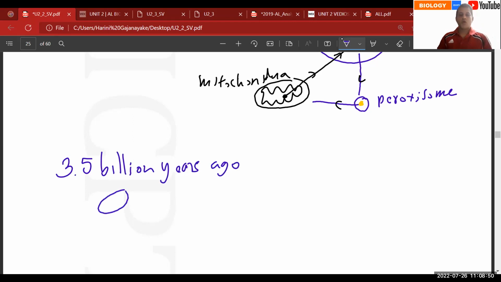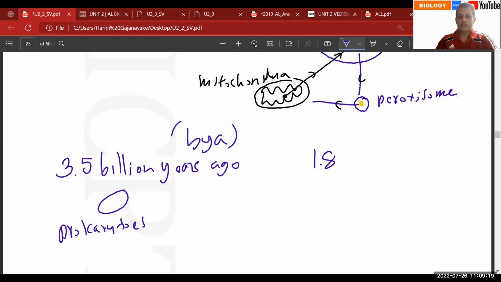The first cell is believed to have formed 3.5 billion years ago. That's when life was established on Earth, born of these prokaryotic organisms like bacteria. Then after that, somewhere around 1.8 billion years ago, BYA, the eukaryotic cell formed.